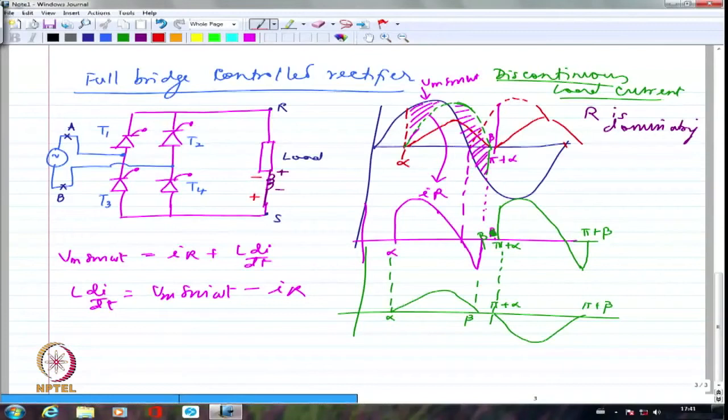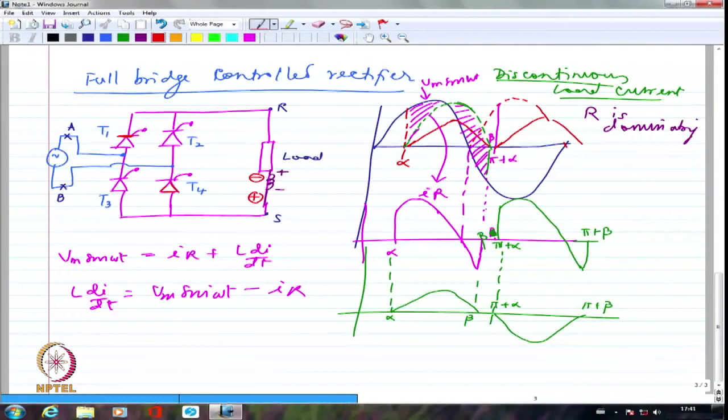L di by dt, di by dt has reversed its direction. Current has started falling, so I will have plus here and minus here. And look at this plus. This plus is connected to the anode here, because of which T4 will get forward biased. Similarly, this minus is connected to T1's cathode. So obviously, T1 and T4 can get forward biased if the inductance voltage is sufficient to forward bias these two devices.